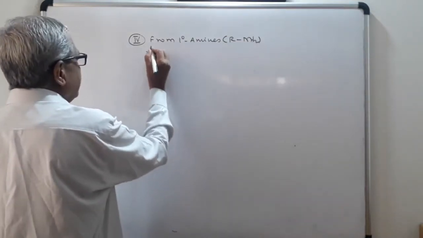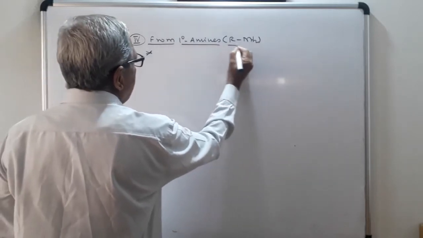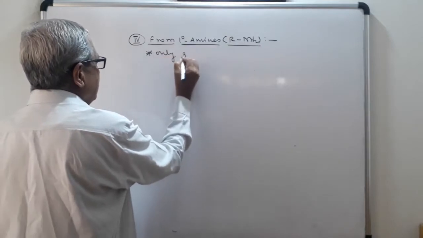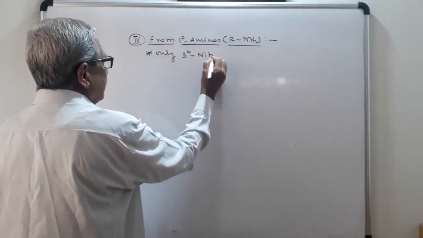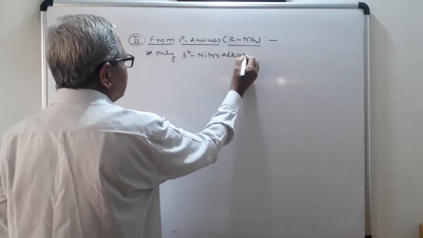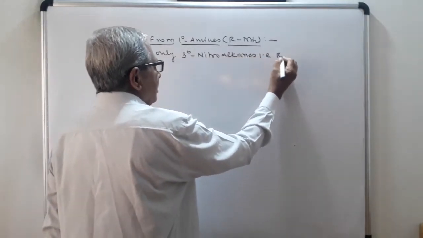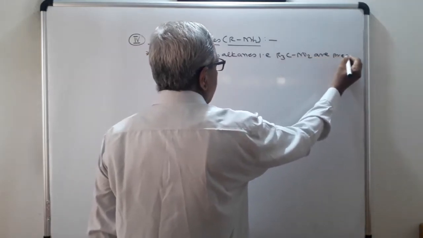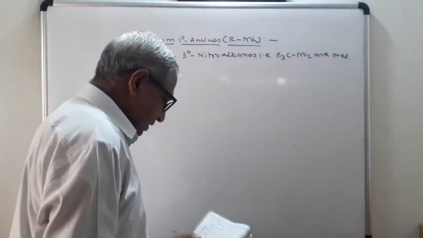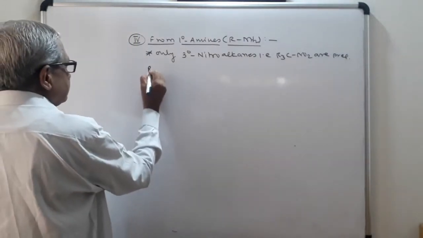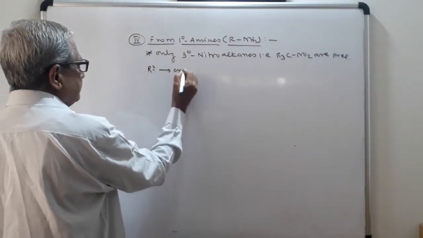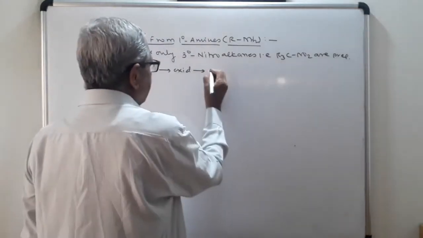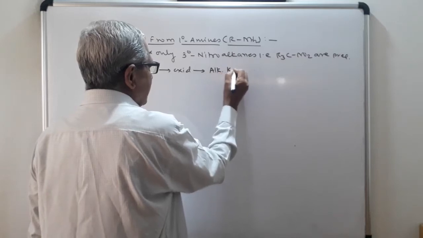First important point, by this method only tertiary nitroalkanes, that is R3CNO2, are prepared. Primary and secondary cannot be prepared by this method. The reaction is an oxidation reaction. The reagent used for the oxidation is alkaline KMnO4, potassium permanganate.